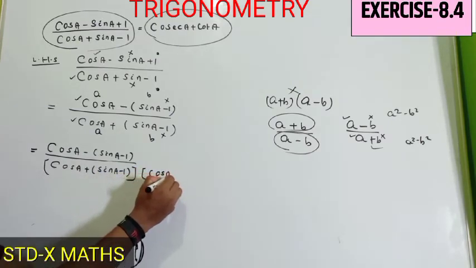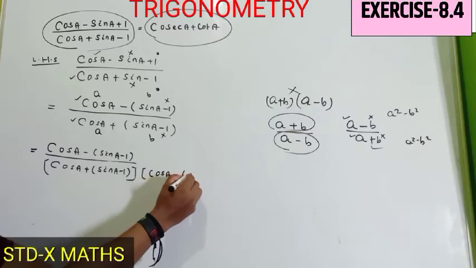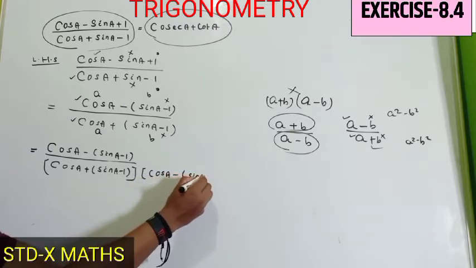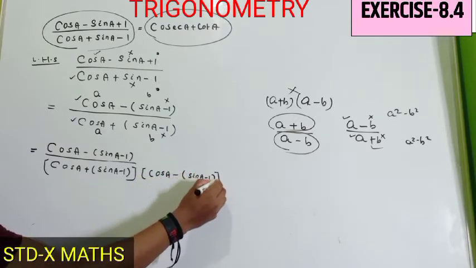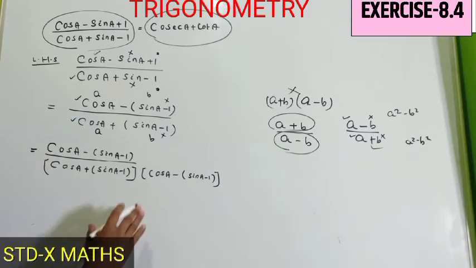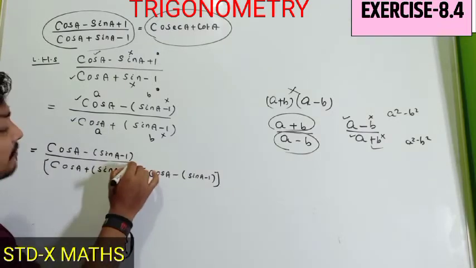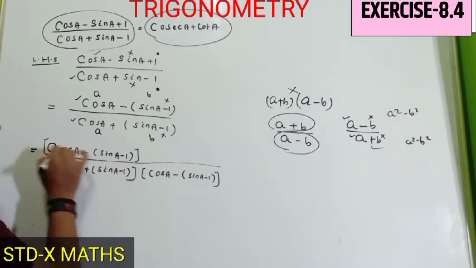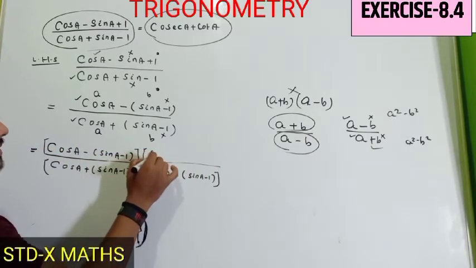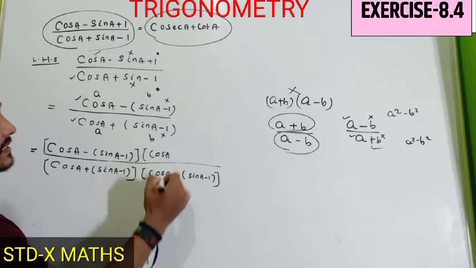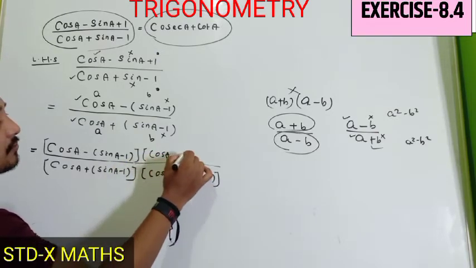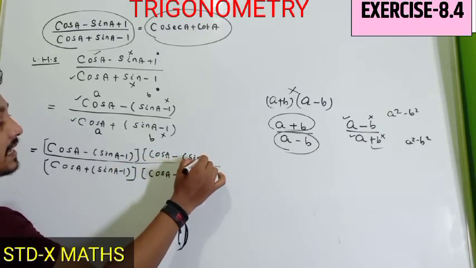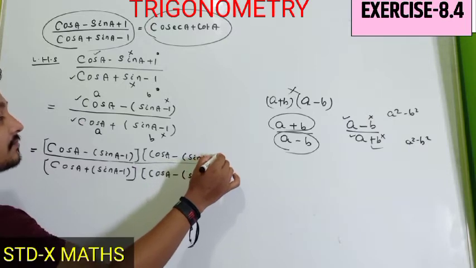Whatever I multiplied with the denominator, the same thing I want to multiply on the numerator also, such that both will cancel and it will be as usual, sin a minus 1.